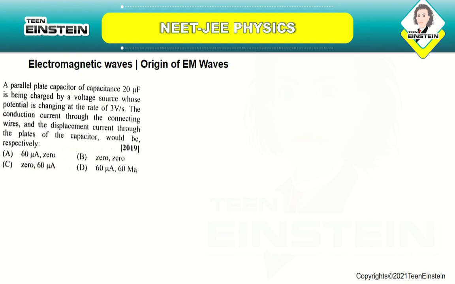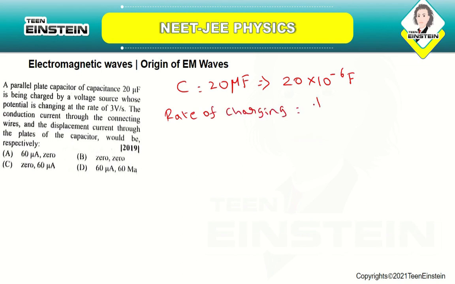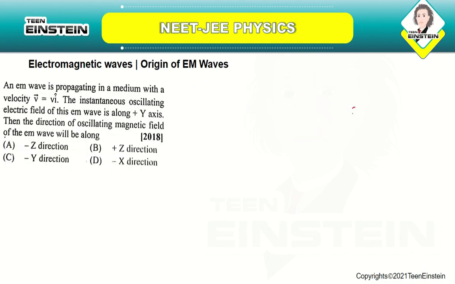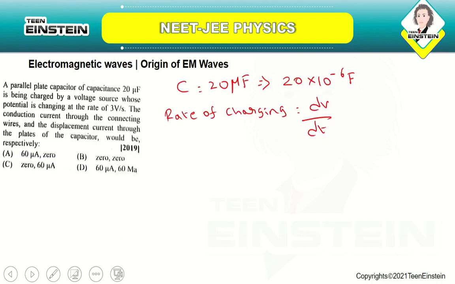The capacitance of the capacitor is given as C = 20 microfarad, which is 20 × 10^-6 farad, and the rate of charging of the capacitor is given by dV/dt, which is 3 volt per second.